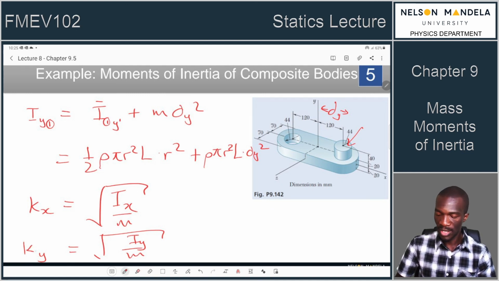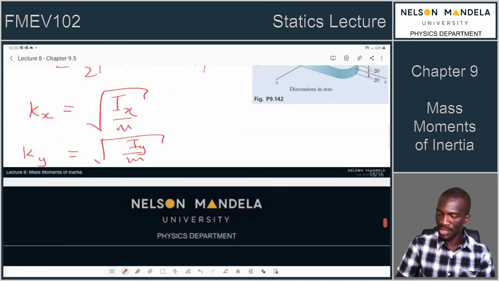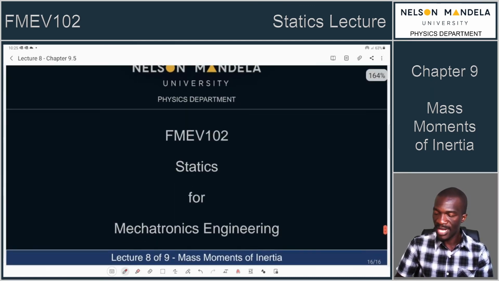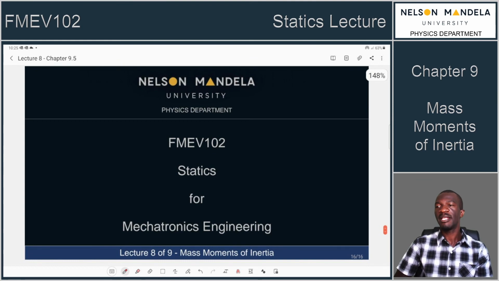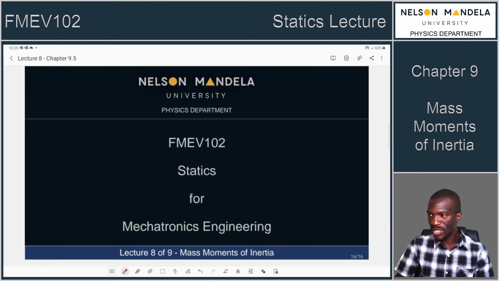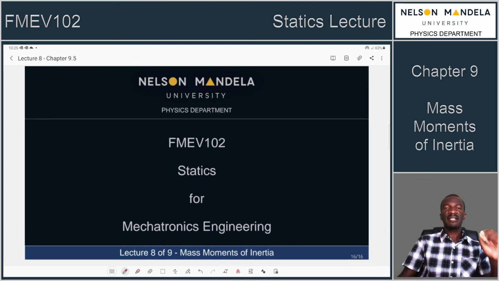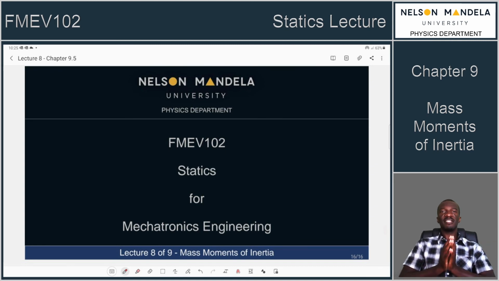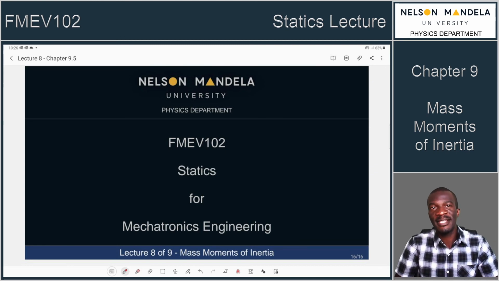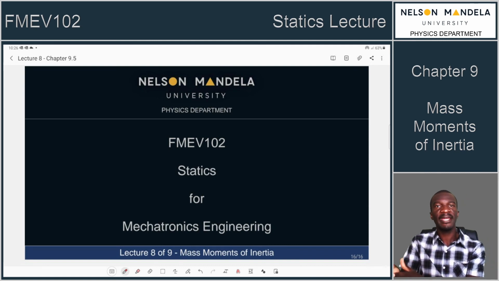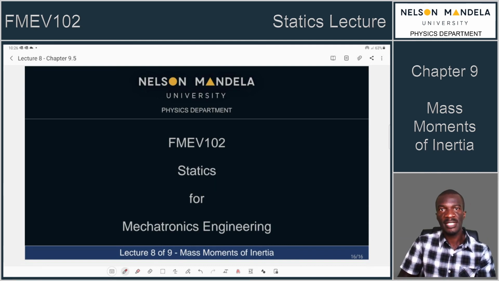Right, so I think this sums up our discussion on mass moments of inertia. Basically, in mass moments of inertia, we are making use of the area second moments, because we can simply scale an area second moment by rho t to come up with the mass moment. Then we remove the expression for the mass in order to write the actual moment of inertia in terms of a mass in kgs.